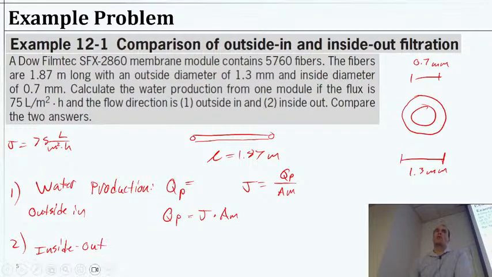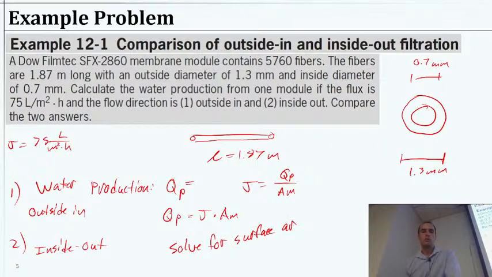So we're going to solve for two different areas here. I'll just say solve for the surface area of one cylinder using, in case one, the outer diameter, or for case two, the inner diameter.